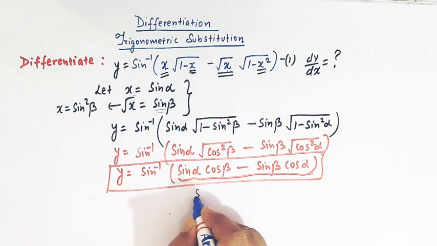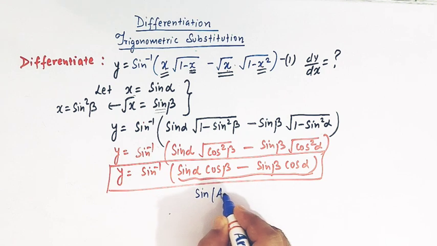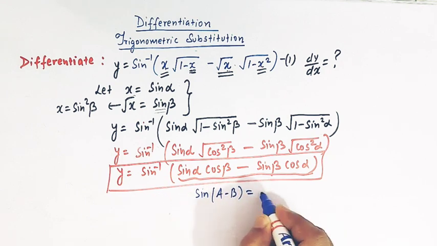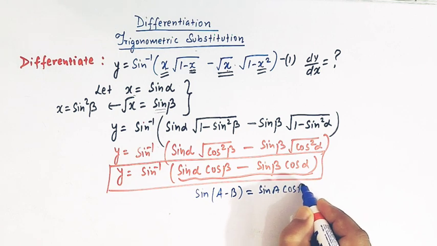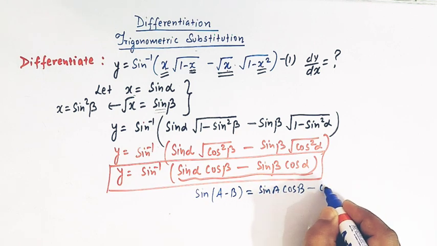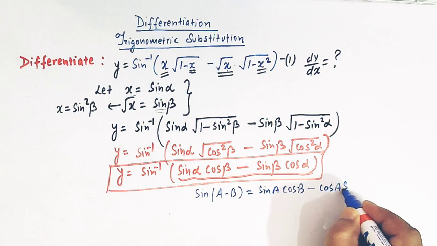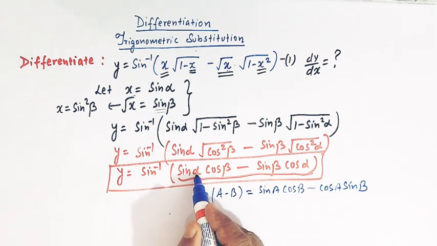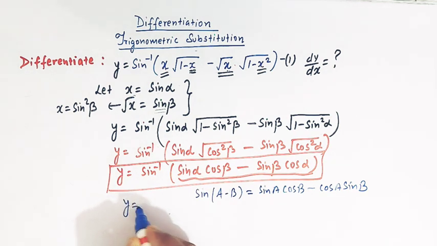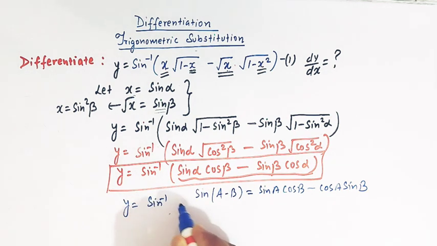So we know that sine of a minus b is equal to sine a cos b minus cos a sine b, right? So here for a we have alpha, for b we have beta, right? So y can be written as sine inverse, and here we have sine of alpha minus beta, right?